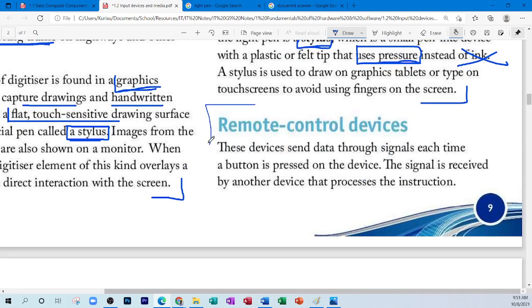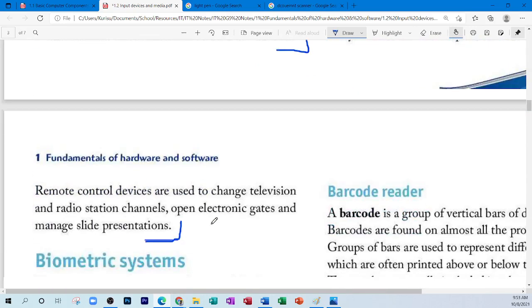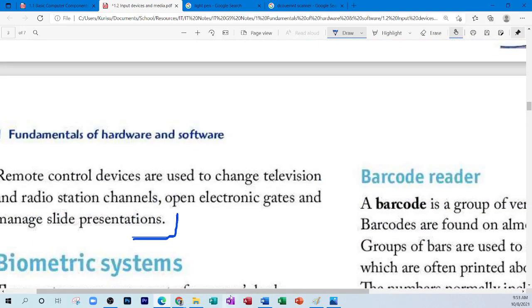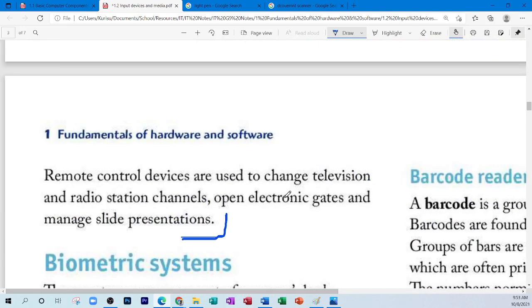So remote control devices, you guys should be familiar with this also. It is used to send a signal to a device when you press a button. So your TV remote, your AC remote, your fan remote, they send a signal to the device and the device would process that signal, whatever instruction that signal would be given. So for example, your television remote, when you press the power button, that signal is sent and the TV turns on.